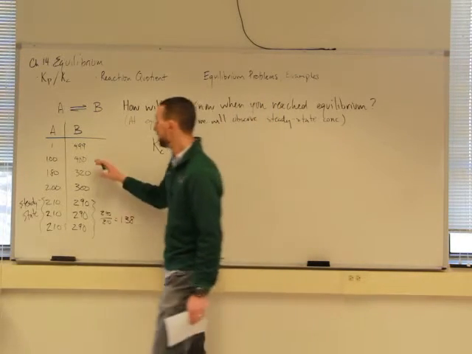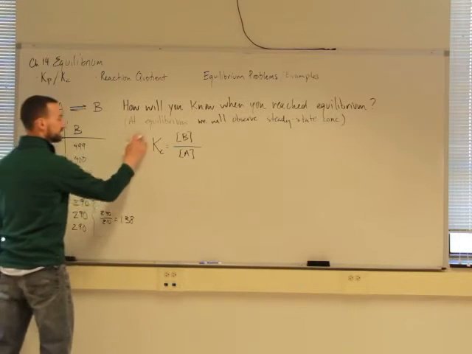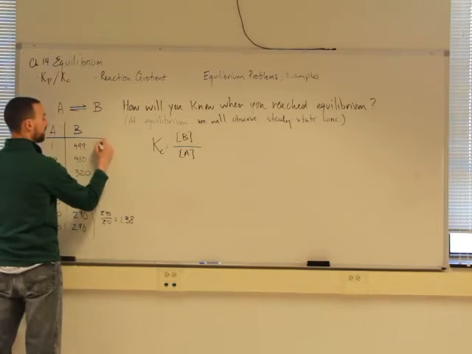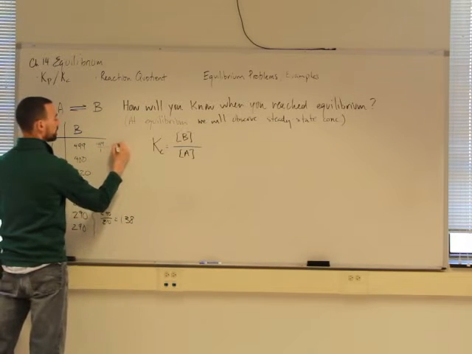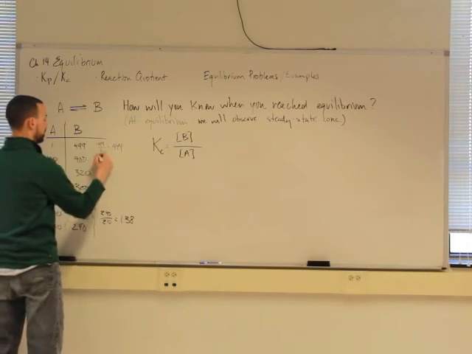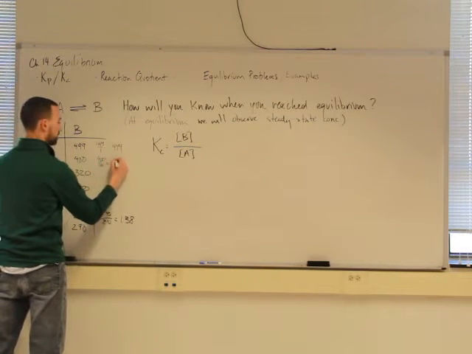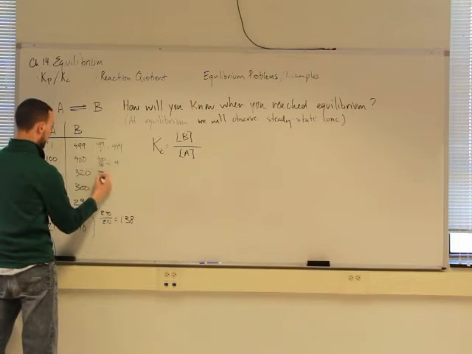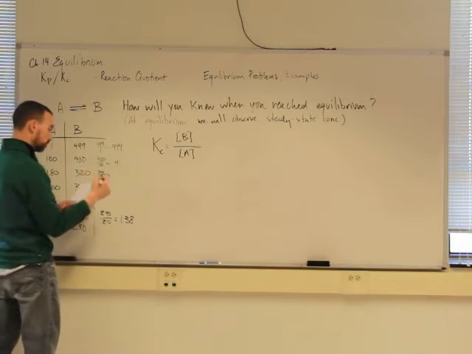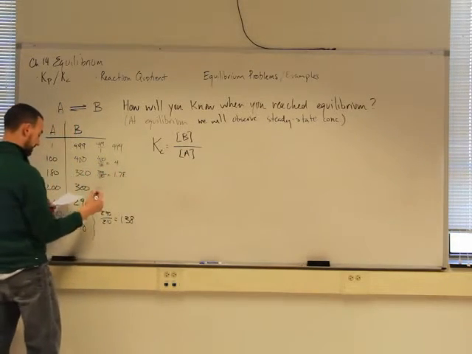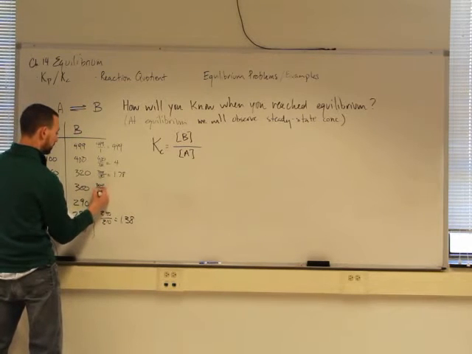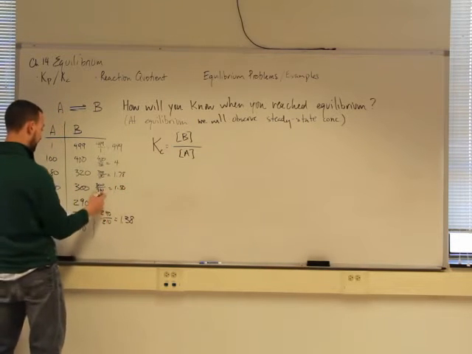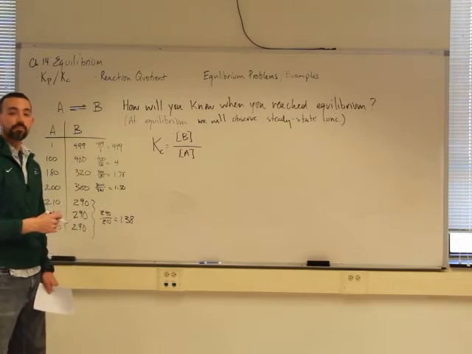All right? And what if I had done this exact same recipe of how much B divided by how much A I have at each of these other times that I studied this reaction? I would have 499, and then I would have 4, then I would have 1.78, then I would have 300 over 200, which is 1.5, and then I would have finally my 1.38.